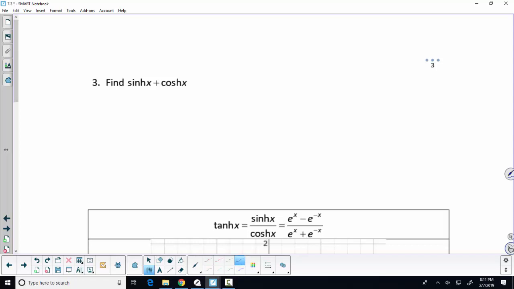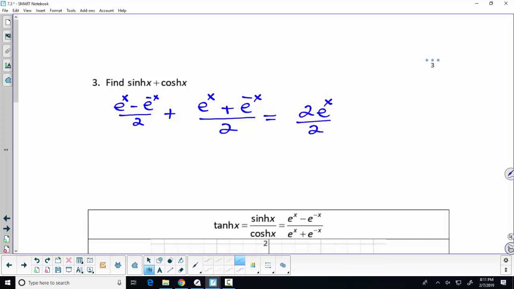Sinh is e to the x minus e to the negative x over 2, plus cosh, which is e to the x plus e to the negative x over 2. So the e to the negative x's cancel each other out. We've got 2 e to the x over 2, which is just e to the x. So we can work with those things via their definition.